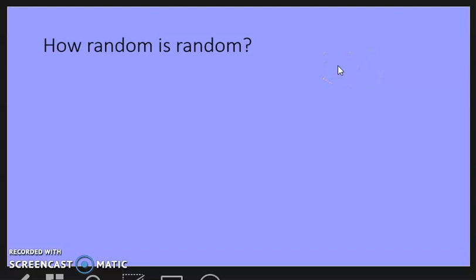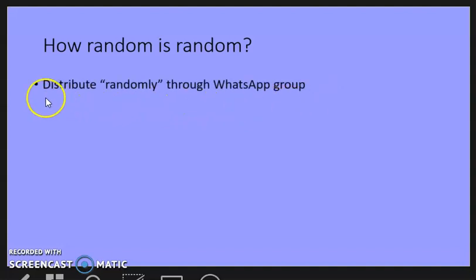For a survey, for example, during the COVID-19 pandemic, we cannot go and distribute a questionnaire face to face. So usually, people distribute through WhatsApp groups. They might say that they distribute the link of the questionnaire randomly through WhatsApp groups.